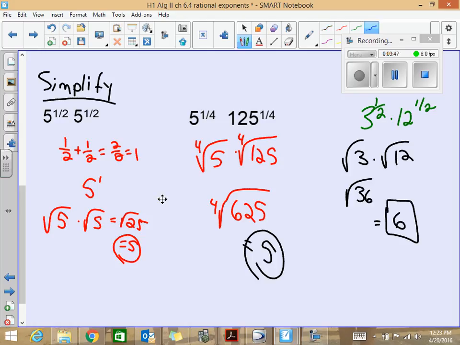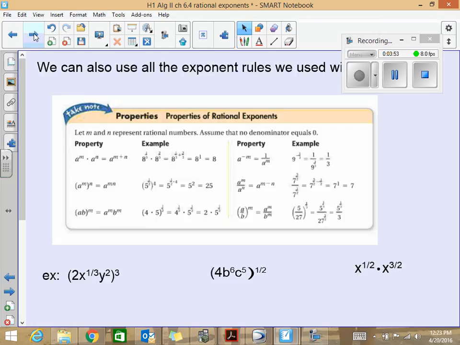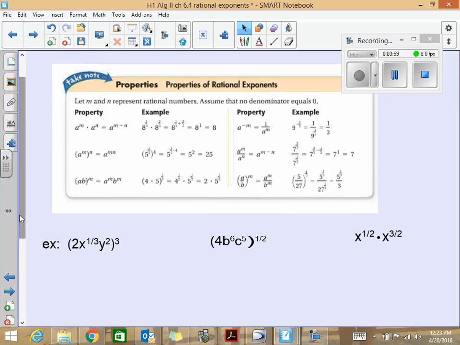Now we're going to look at other properties of exponents. The beauty, or the usefulness, of all of this is that when you change the radicals to exponents, all of the properties that we've already learned apply.